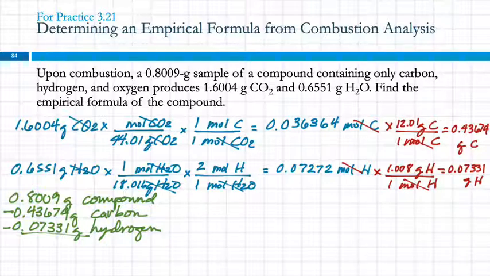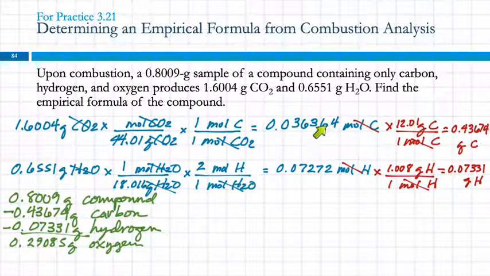So 0.8009 minus 0.43674 minus 0.07331 equals 0.29085 grams of oxygen. I can't do that really any other way because the oxygen in the CO2 and the water came from the oxygen that we were pumping into the furnace so that it would burn. So there's mass of oxygen.